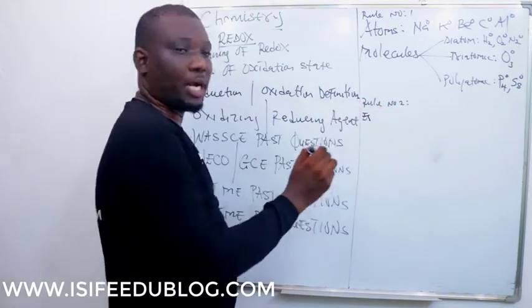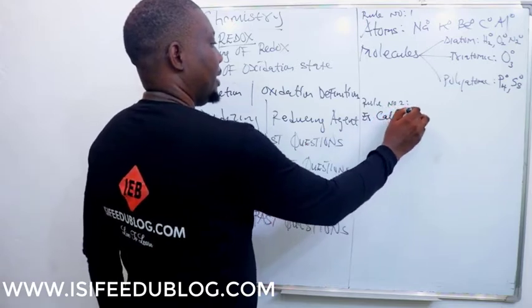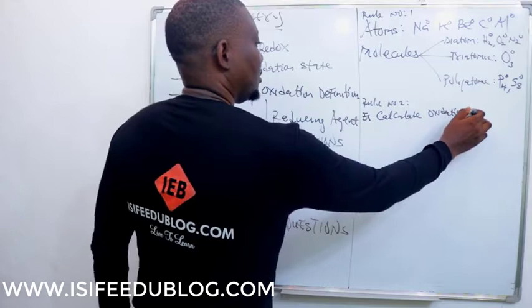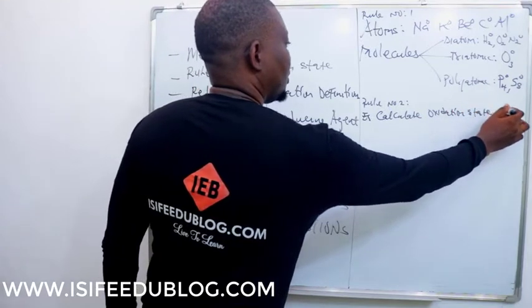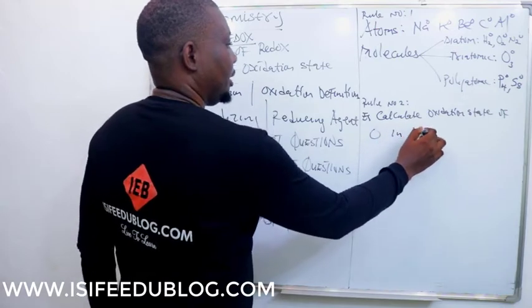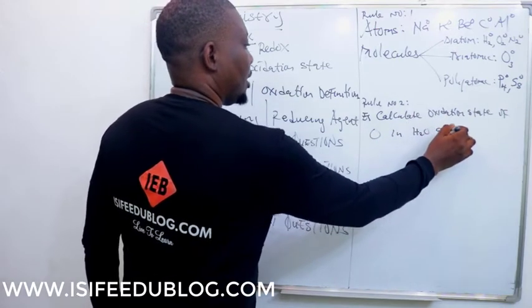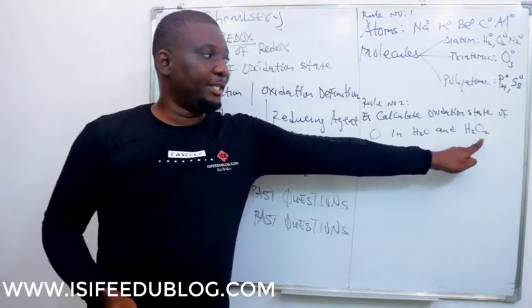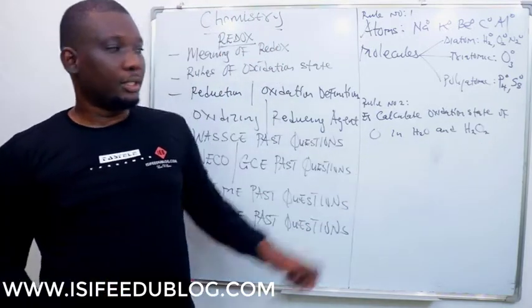Example, what if you are asked to calculate the oxidation states of oxygen in H2O and H2O2? This is hydrogen peroxide, and this is water.